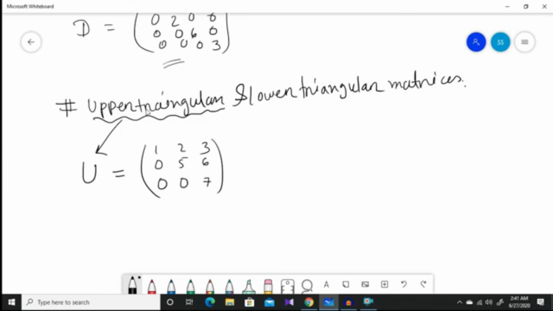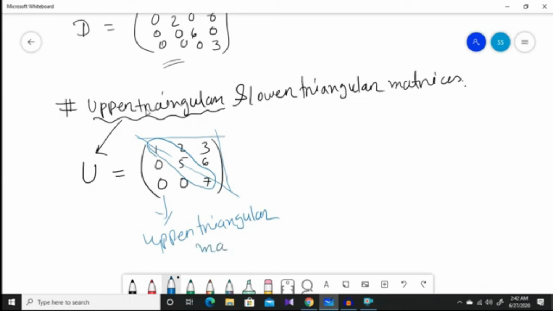You can see that if I indicate the principal diagonal, along this line there is a triangle on the upside. By triangle I mean there are non-zero elements, and on the lower side these are all zeros. So this is called an upper triangular matrix.